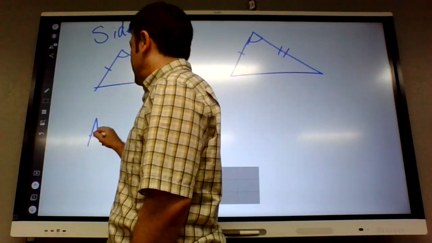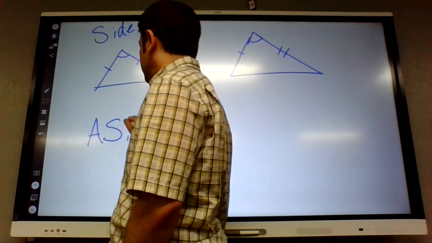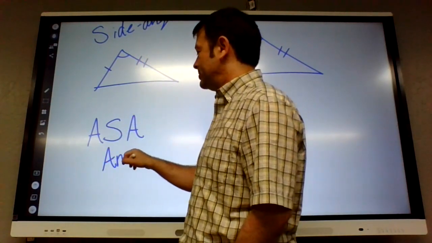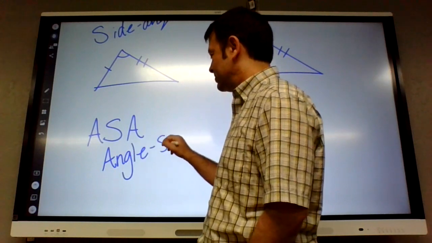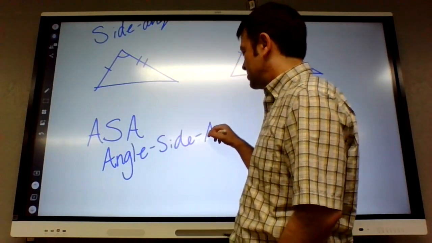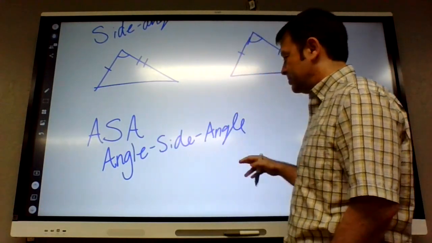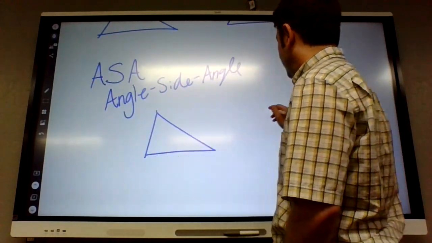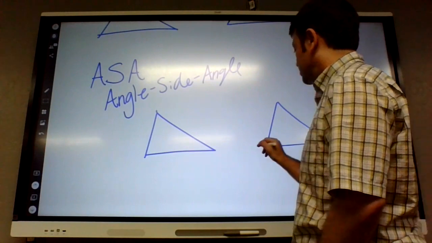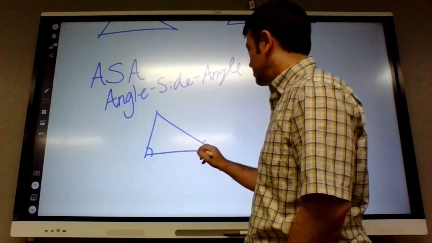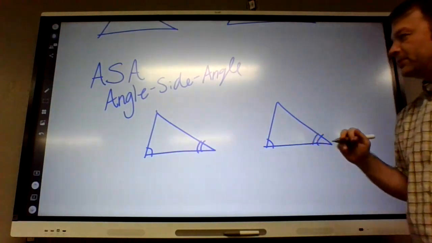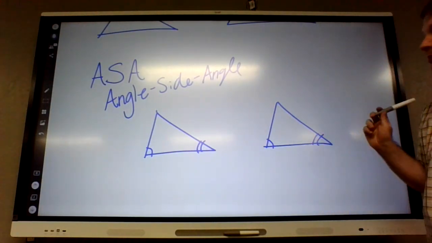This other one we're doing today is called, guess what that stands for? And guess what it means? That there are two pairs of congruent angles and one pair of congruent sides, but guess what we have to know about the side?